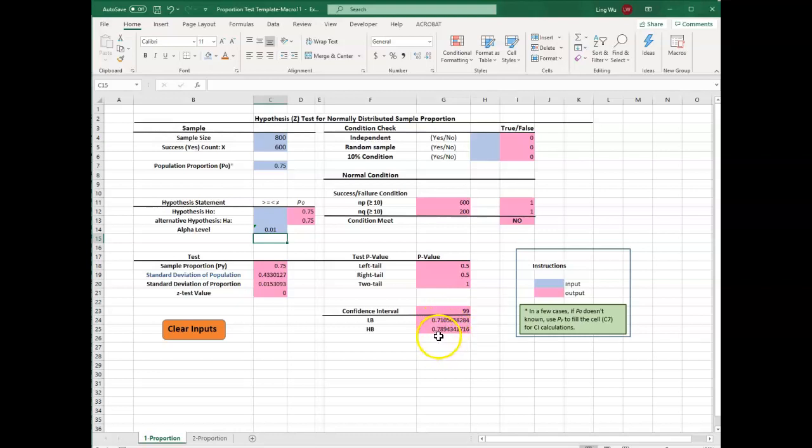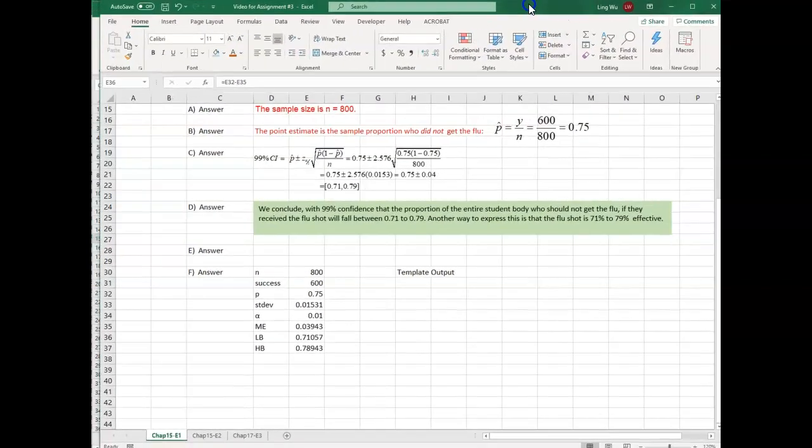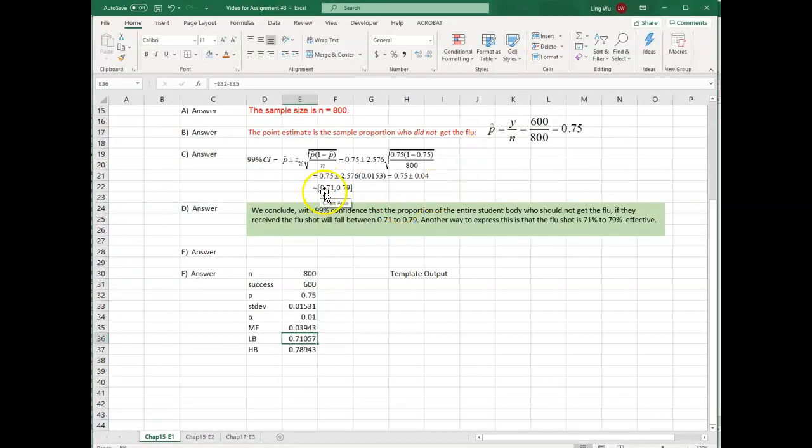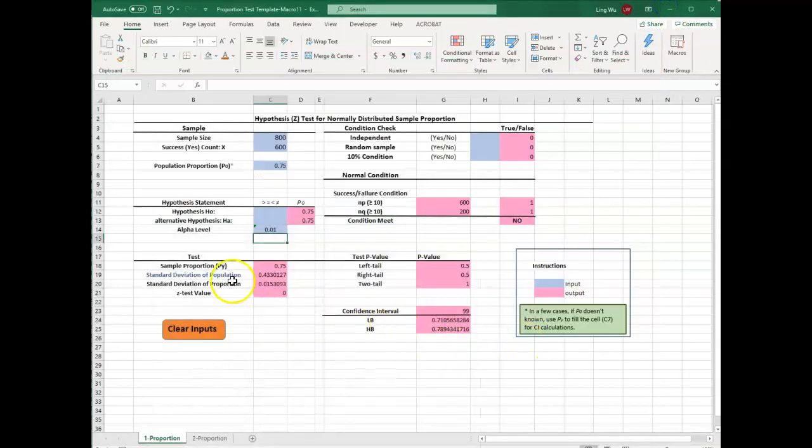Now you see the result: the 99% confidence interval directly gives us 0.7105 to 0.789, which agrees with our hand calculation in the assignment, 0.71 and 0.79. For the assignment, I require you to copy and paste your template results into your assignment.